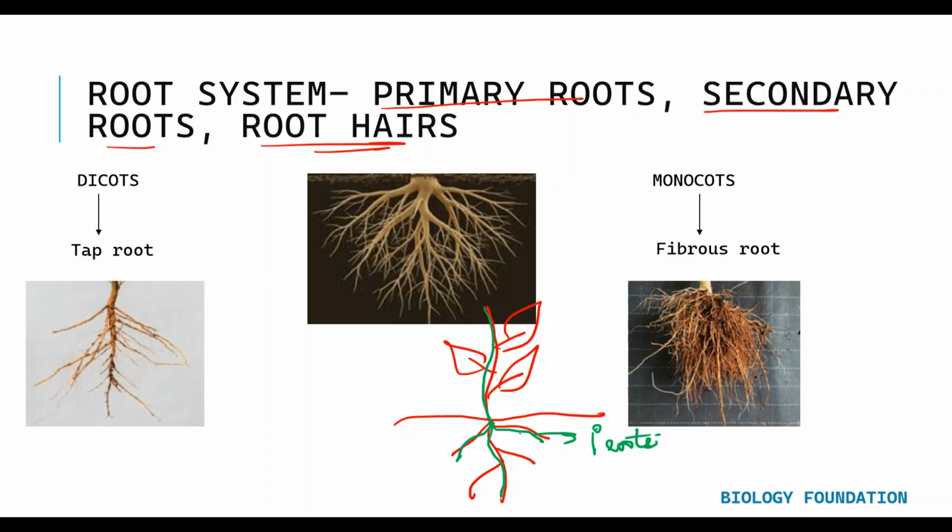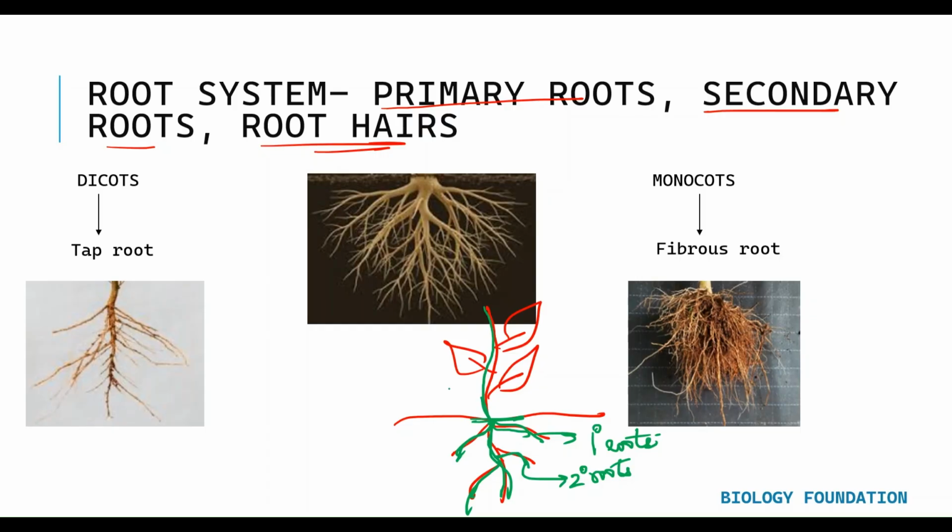And these primary roots develop certain side roots. You can see here, those roots are known as secondary roots. Is it clear? Primary roots develop from the base of the stem. You can see here there are three such roots that constitute the primary roots. From the sides of the primary roots, you can see roots developing again.